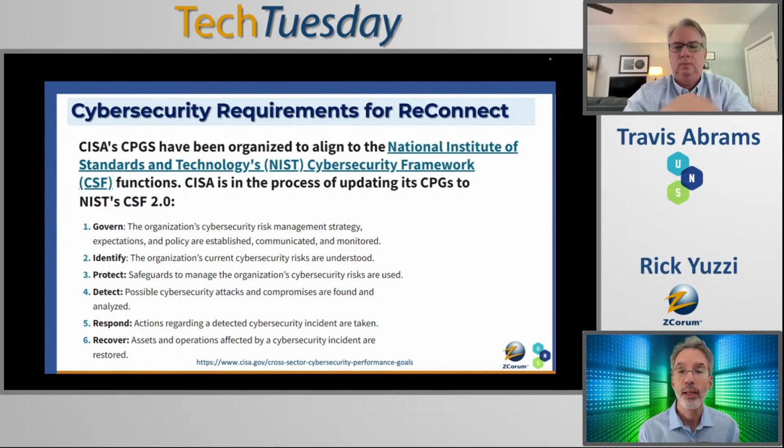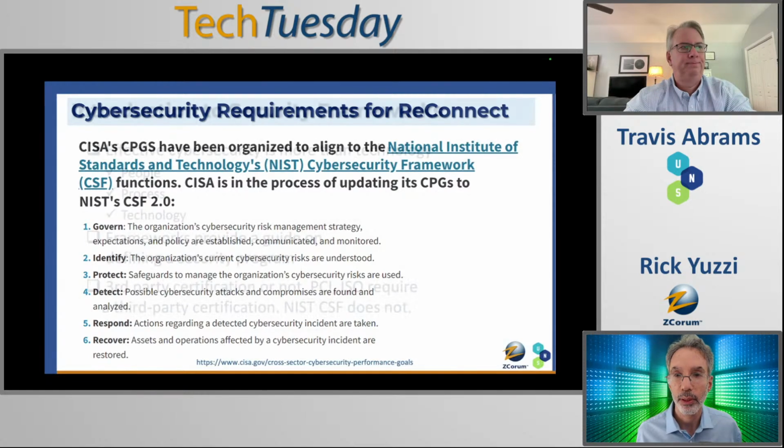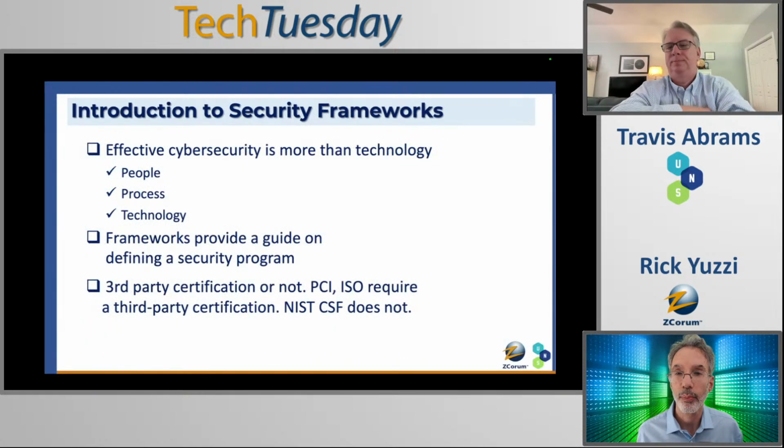So you see there, what's mentioned here as far as USDA ReConnect are the same core functions that are in the NIST framework, so therefore it's all going to be pretty much focused on the same things. So CISA is not reinventing the wheel, and they are going to be following the same framework that we have for NIST. So Travis, I'll turn it over to you, and you can talk a little bit about why frameworks and then move on from there.